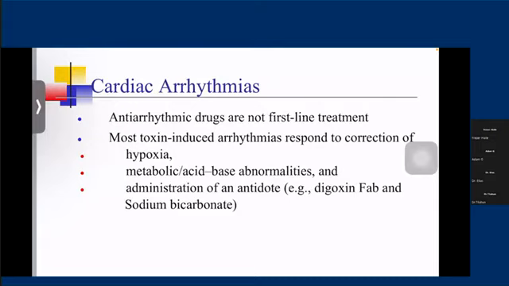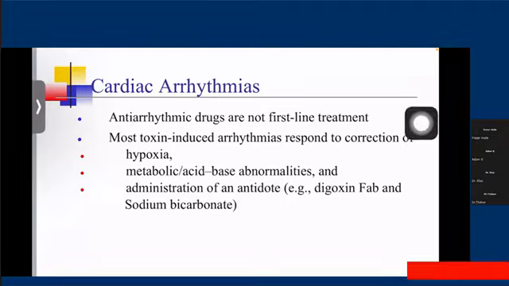So the general principle is that anti-arrhythmic medications are not first-line. If an arrhythmia happens, the first thing we need to do is treat other possible correctable causes, like treating hypoxia, metabolic complications and acid-base abnormalities.